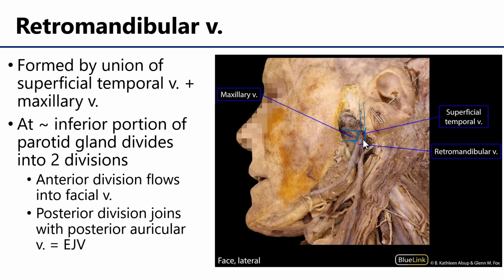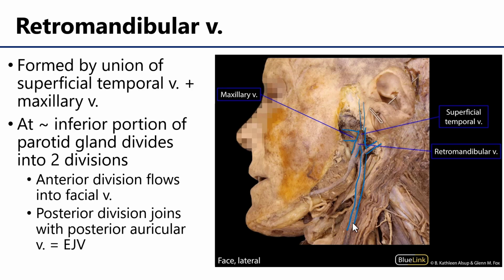And it is going to come together, or at least parts of its divisions will come together with other features. So we see that there is an anterior and a posterior division to the retromandibular vein. And that posterior division comes together with the posterior auricular vein to form the EJ.